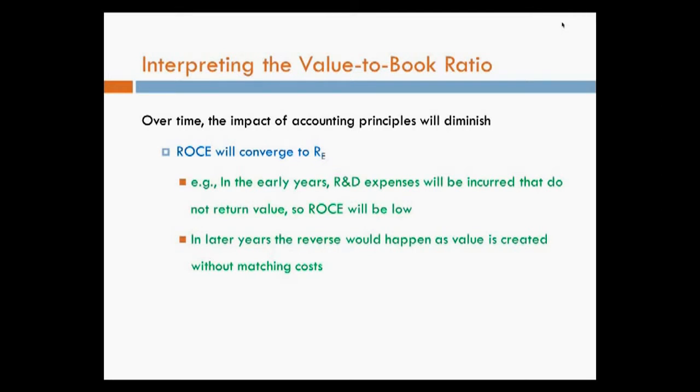In the early years, your internally developed R&D expenses will not have any income coming with it, so your return on shareholders' equity will be low. Later on in your life cycle, you're not investing in R&D anymore, so you'll have lots of income without the costs. So over the long haul, this works itself out. But at any given point in time, it may not quite be right.